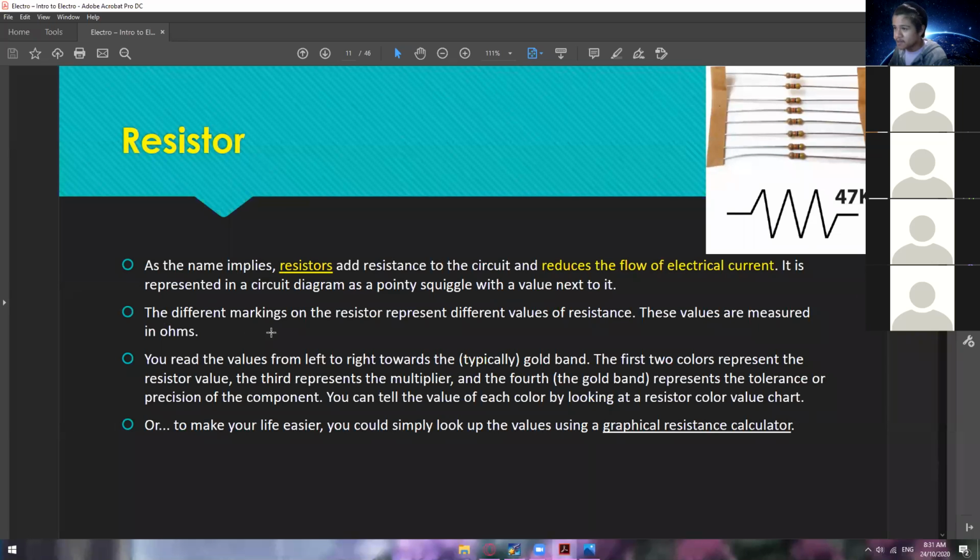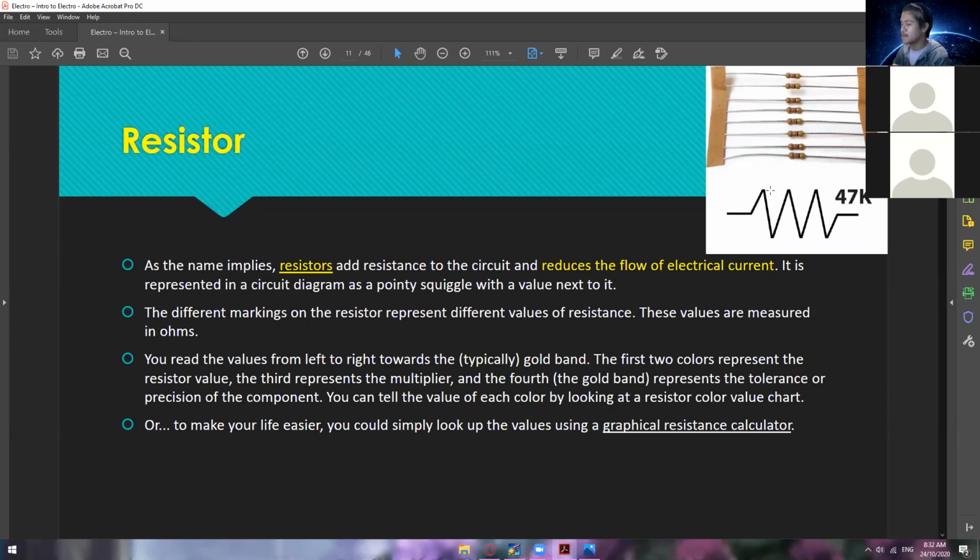The different markings on the resistor represent different values of resistance. These values are measured in ohms. If you take a closer look at those resistors, they have 4 bands of colors, and those colors have meanings. Different colors represent different values of resistance. You might want to check that on the internet so you will see the exact value of that resistor.